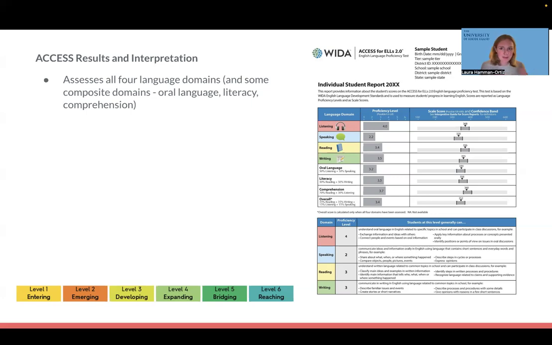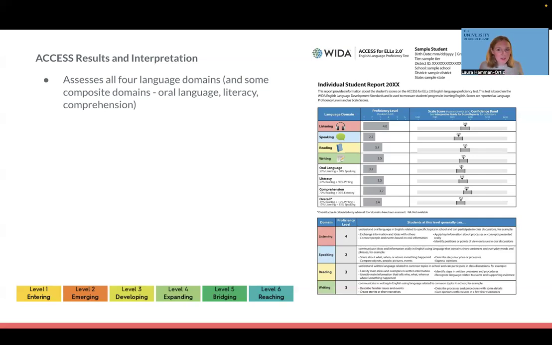Oral language, they combine listening and speaking. Literacy combines reading and writing, and comprehension combines reading and listening. So they give some of these composite scores as well. I mean, it's really important to see the range of where students are. Sometimes we talk about students' overall score and say the student is at a 3.4.